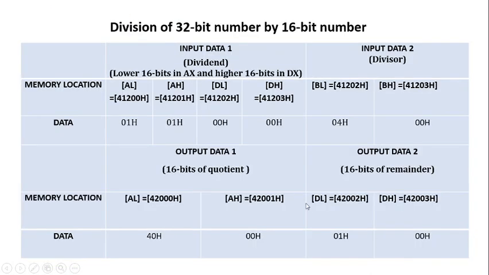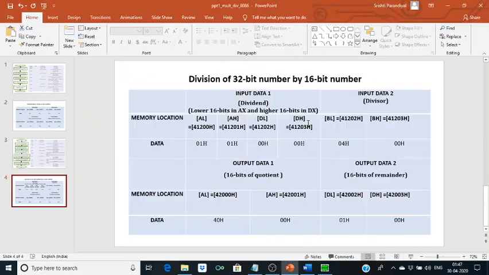Now for example, I have taken these inputs for execution. I have divided 257 by 4 in decimal, so we should get 64 as quotient and 1 as remainder. So let's check that.